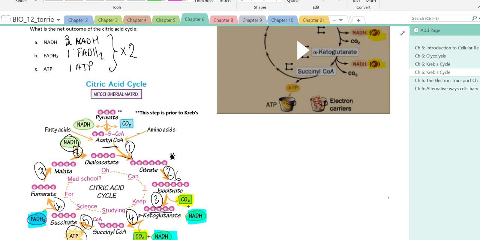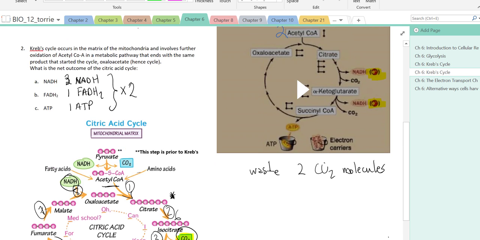But let's focus in again on waste. We end up producing 2 more CO2 molecules in the cycle.